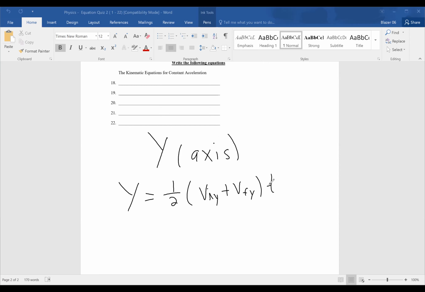This t, we're going to learn in the next chapter, is the same in x or y. So now I don't have to put these subscripts here. I'm just trying to show you that this is the same equation, but now I'm talking about the y-axis. I don't need to have those y's because you're going to know that you're talking about the y-axis. That's what it means, though.